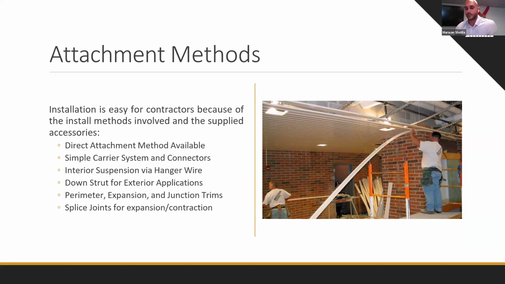And so whenever you have applications that are radiused or that need a little bit of give, if you will, the system comes in standard 18-foot lengths. And so it can have a little bit of manipulation if necessary in the field, but more importantly, it does not require several labor hands to install it, which is very important for budget constraints within a project.